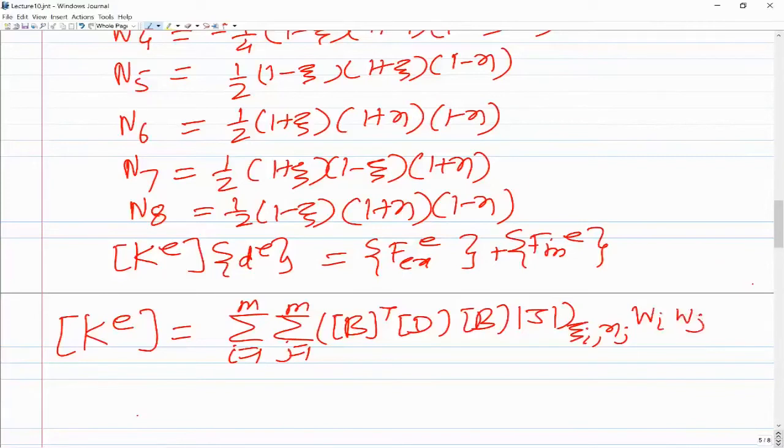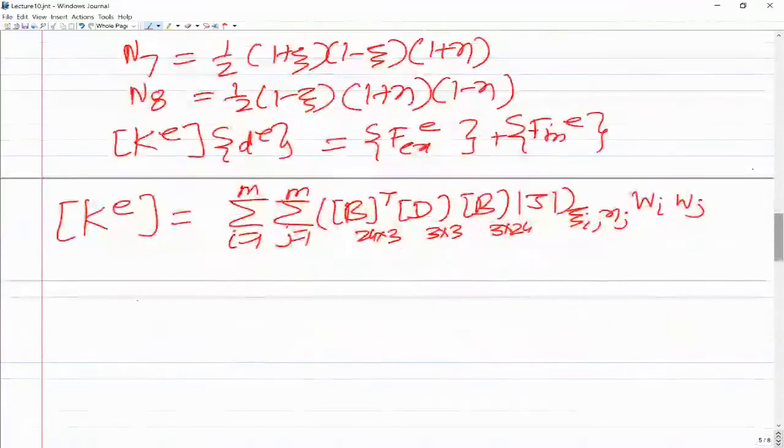Now for the 8 noded element you would notice that B transpose would be 24 by 3, D is a 3 by 3 matrix, and this is 3 by 24. So the stiffness matrix is going to be 24 by 24 for the 8 noded element, whereas for the 4 noded element it was 12 by 12. Plus you have the transverse shear stiffness terms, this being the bending stiffness term.